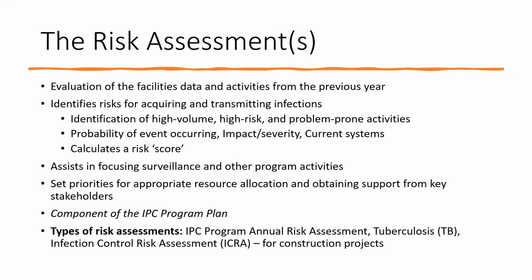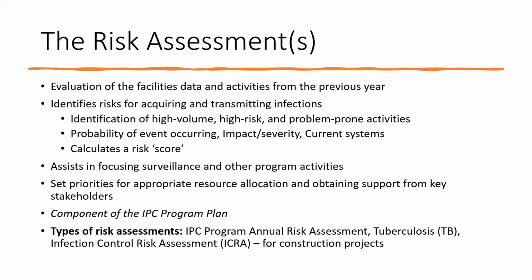So any score above 8 is an area of opportunity which you can prioritize as a target intervention for your upcoming year. It assists in focusing surveillance and other program activities, and it sets priorities for appropriate resource allocation and obtaining support from key stakeholders. And again, it is a component of your IPC program plan.